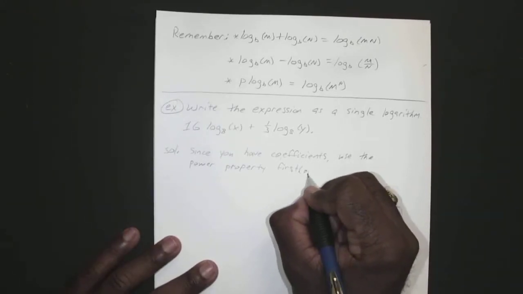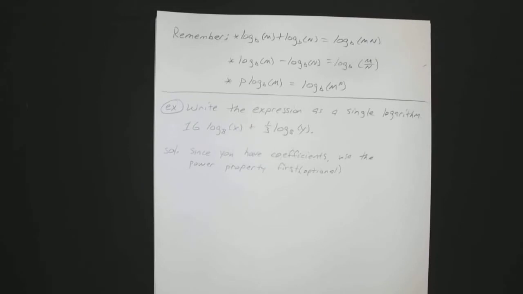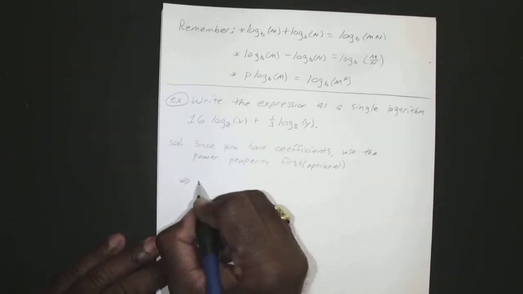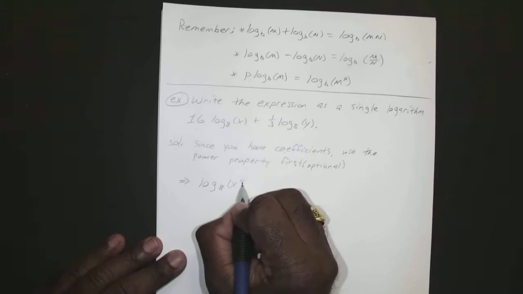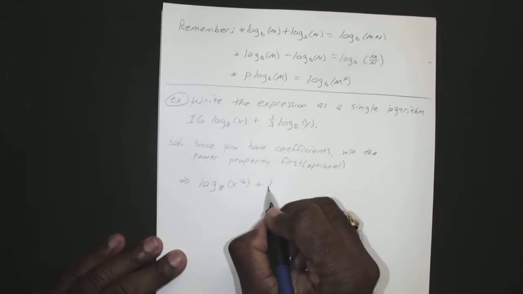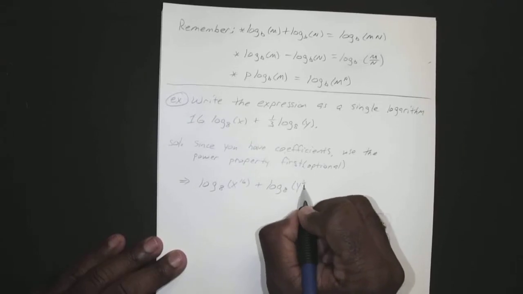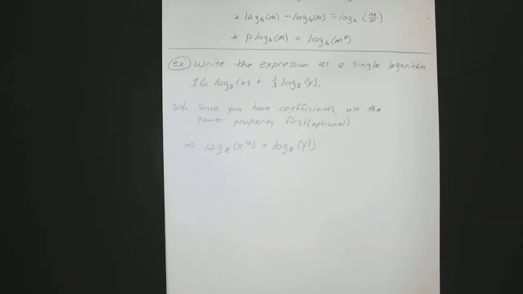I mean, you don't have to use it first, but that's usually where I start. So 16 becomes x to the 16th. So we have log base 8 of x to the 16th plus log base 8 of y to the 1/3. All we did was apply the power property in reverse.